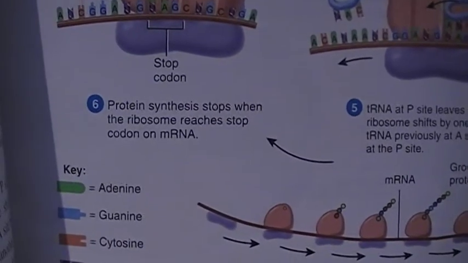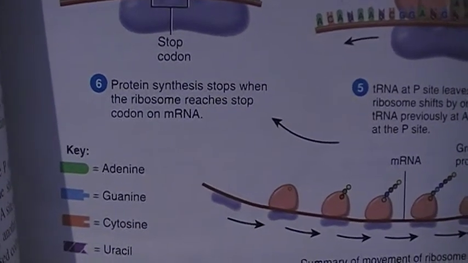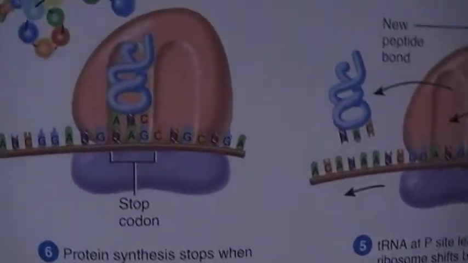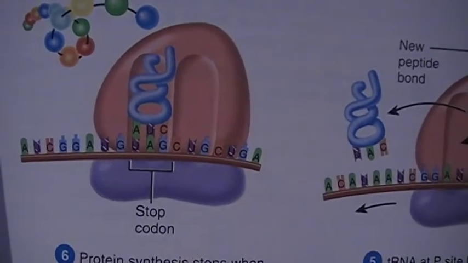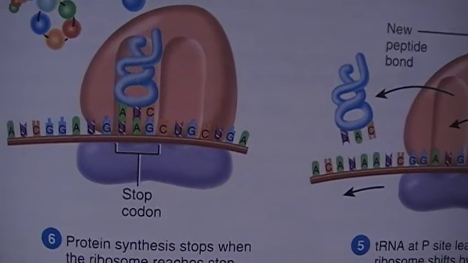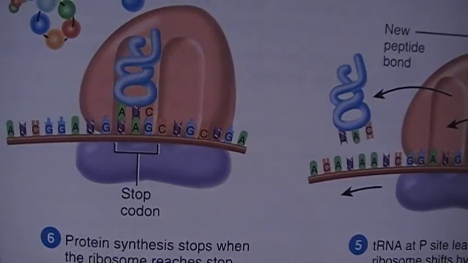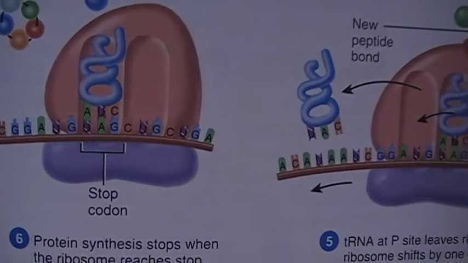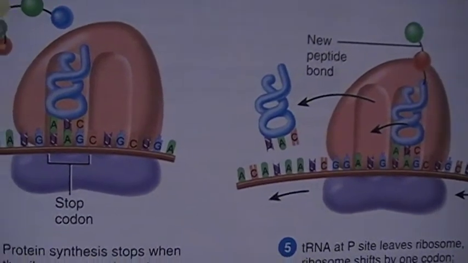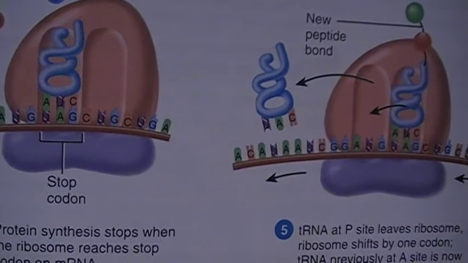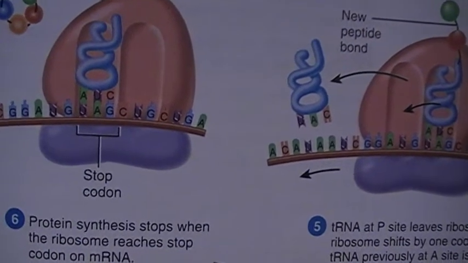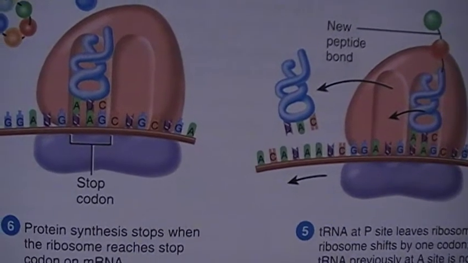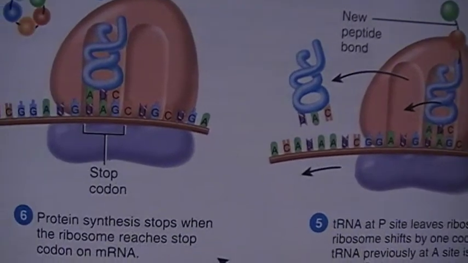The protein synthesis stops when the ribosome reaches the stop codon, and the stop codon is UAG. The start codon was, I think, AUG, and the stop codon is UAG. I think that's right. Let's see.